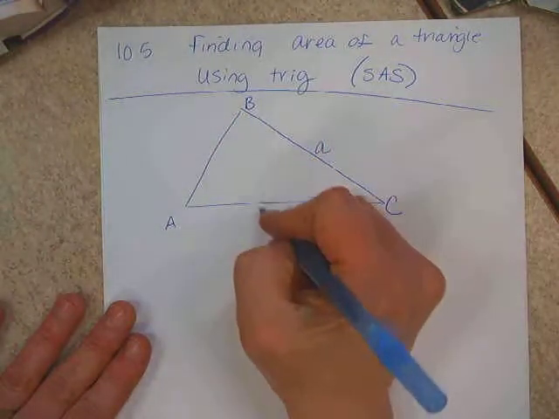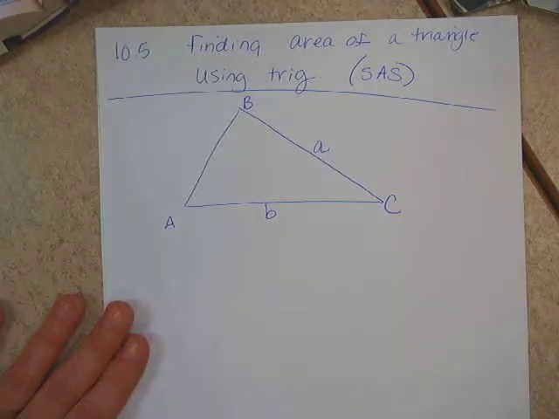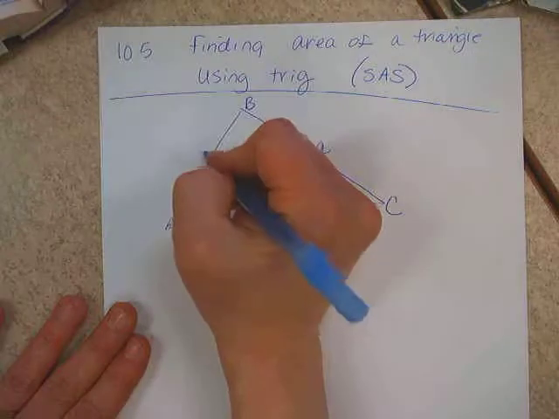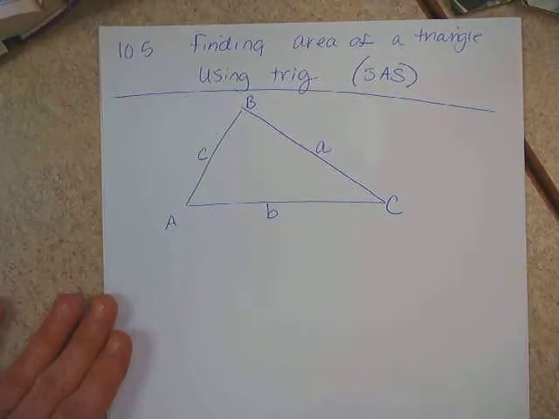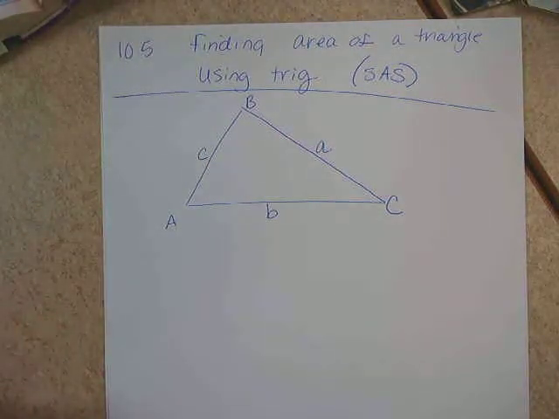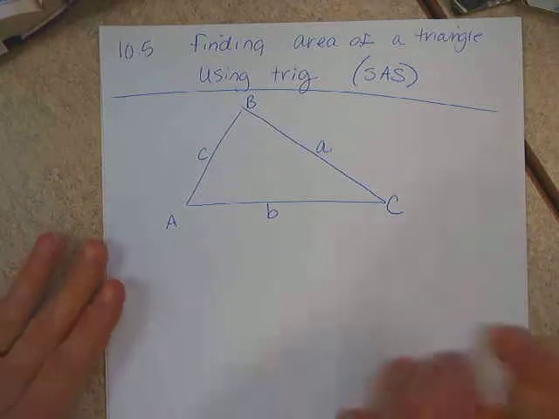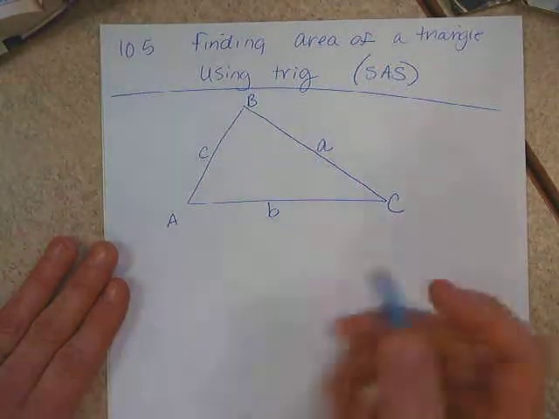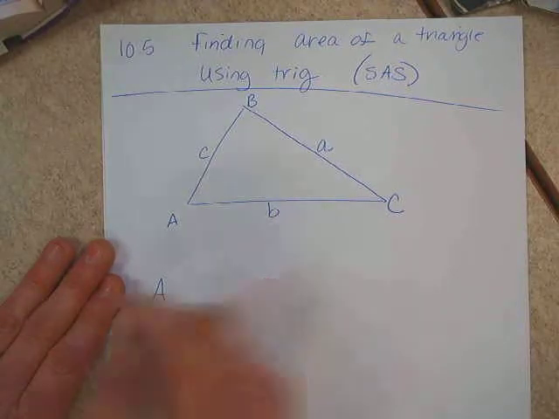Across from B is going to be the side lowercase b. Side length is what we're talking about. And across from C is going to be lowercase c. Okay. Once we get into laws of sines and cosines, you will also kind of want to set it up this way. All right. The formula is kind of a side angle side situation.